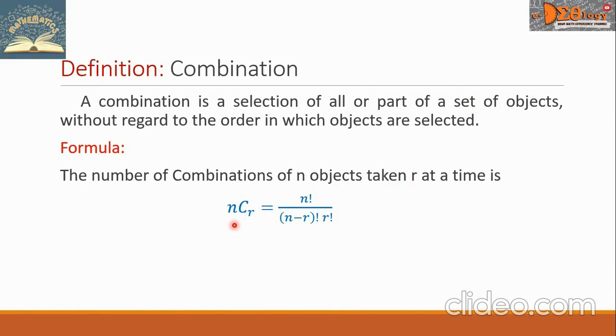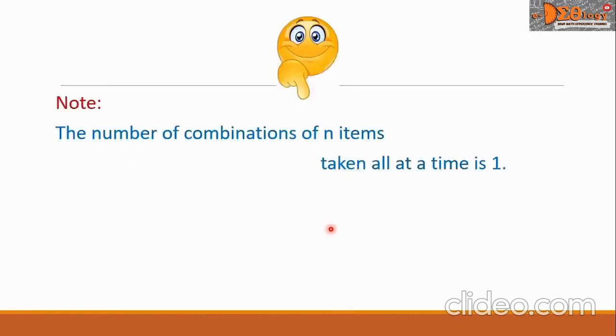We're going to use the symbol nCr, and this is equal to the fraction where the numerator is n factorial and the denominator is n minus r, then factorial, multiplied by r factorial. Take note, the number of combinations of n items taken all at a time is 1.